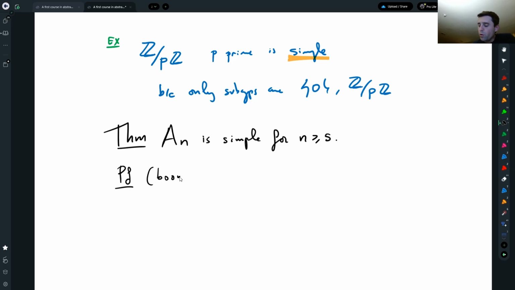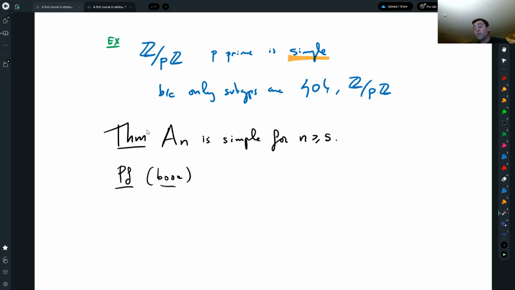We are following the book by Judson, Abstract Algebra, for example, where you can find the proof of this theorem. So that gives you two infinite families of simple groups, Z modulo P and all the A_n, and those are some of the families that we know of simple groups.